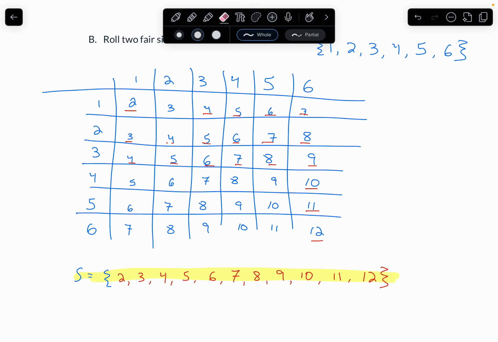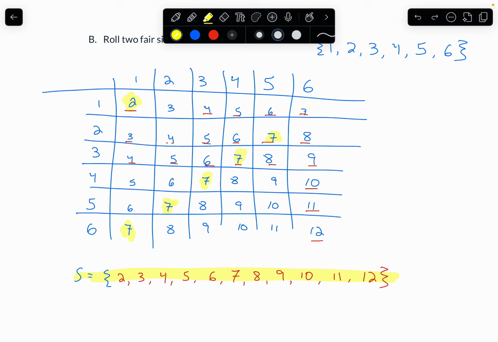So what I mean by that is if I look at my table above, there was only one way that I ended up with a 2, versus if I wanted to talk about the outcomes where I ended up with a 7, there are 1, 2, 3, 4, 5, 6 of those. So not every outcome is equally likely here, which means I would rather look at the table than work with that sample space.